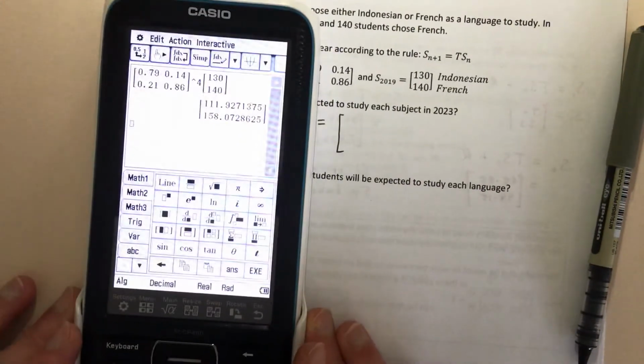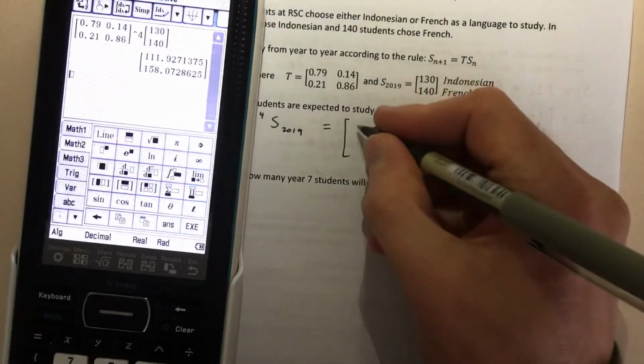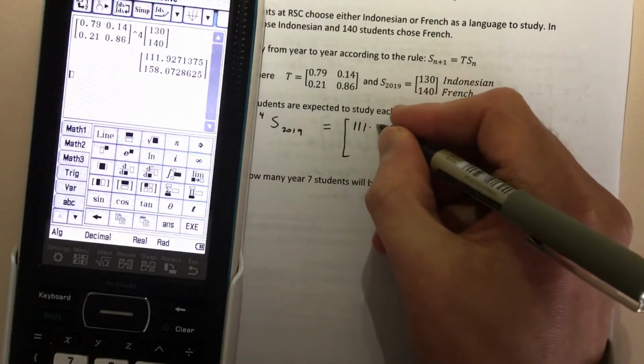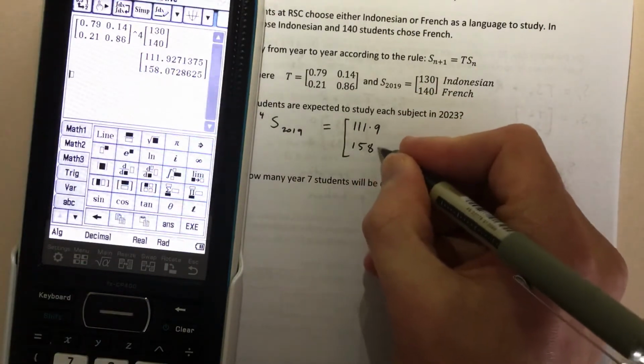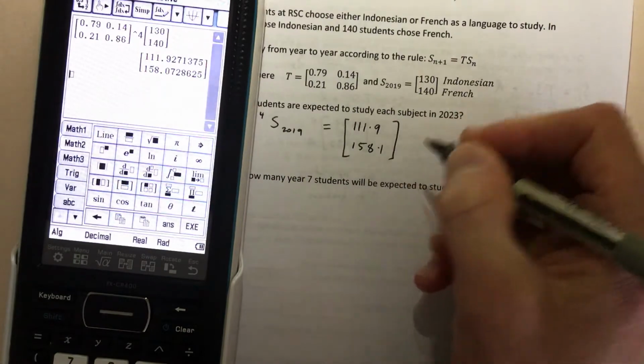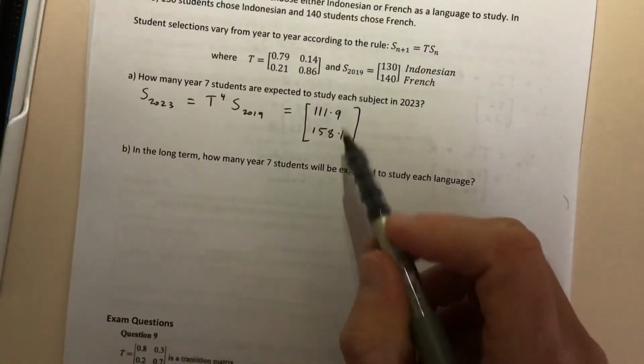We get 111.9, 158.1. Now, the question is probably not super clear about whether we should round or not.